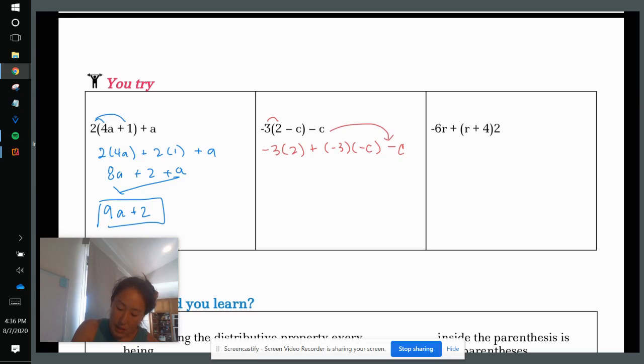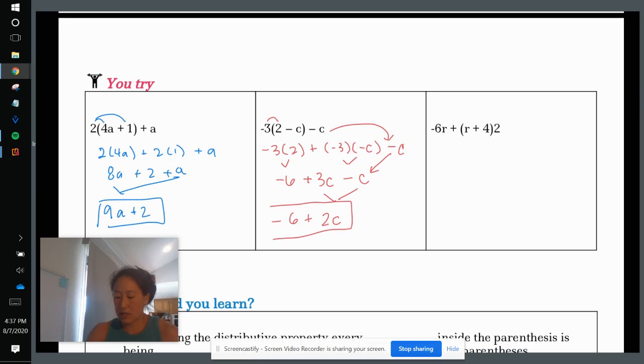Okay, so we get negative 6, and then a negative 3 times a negative c is a positive 3c. And then I bring down the c. Okay, so we get 3c minus c is a positive 2c, and then I bring down the negative 6. Nothing more to combine, so that's it.